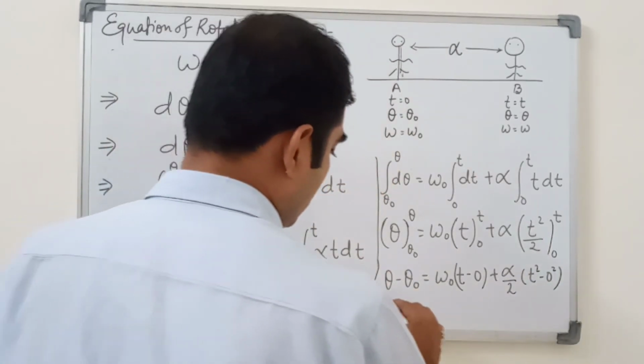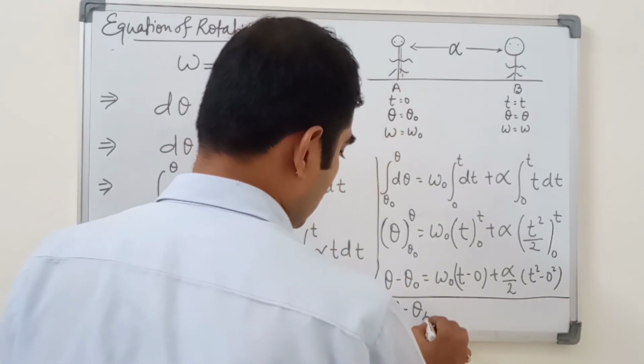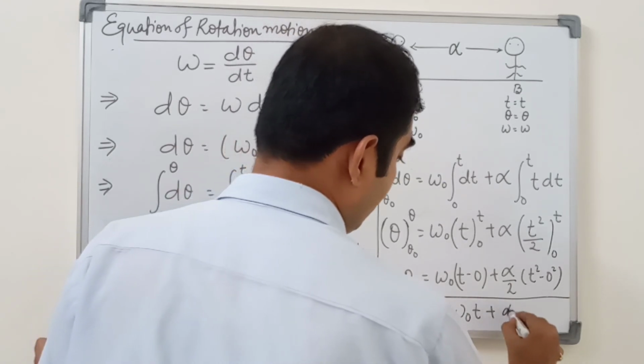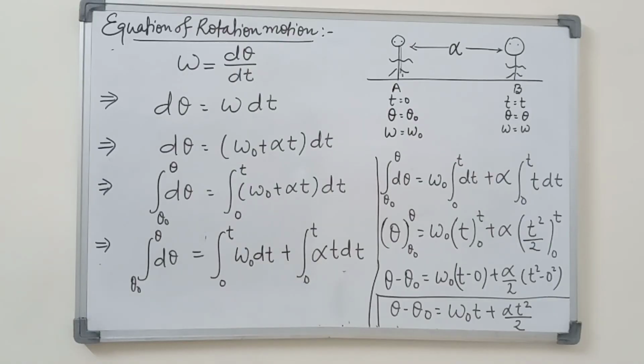So the last formula is theta minus theta naught is equal to omega naught t plus alpha t square by 2. All of you got it? It is a very clear-cut message. This is the second equation, so write down the second equation of rotational motion.